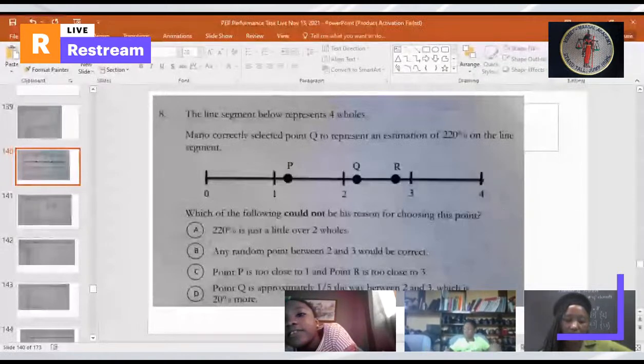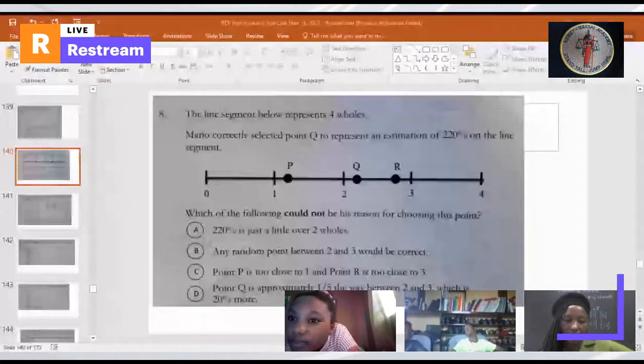B. Any random point between 2 and 3. C. Point P is close to 1 and point R is close to 3. D. Point Q is approximately 1/5 the way between 2 and 3, which is 20% more.